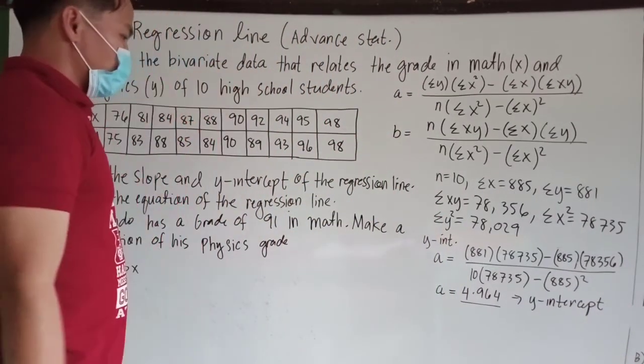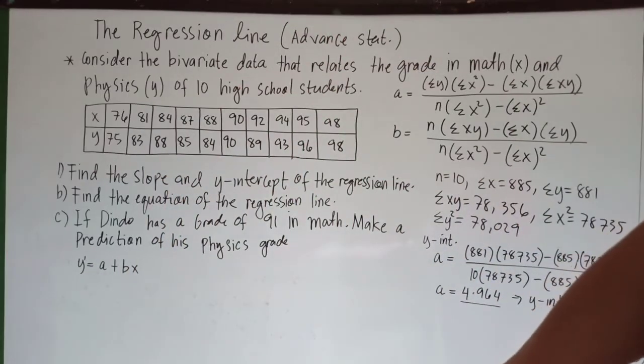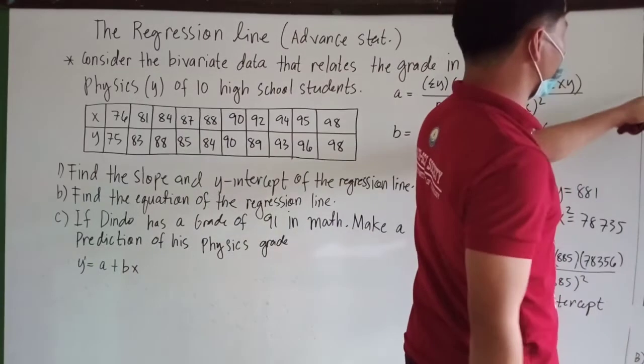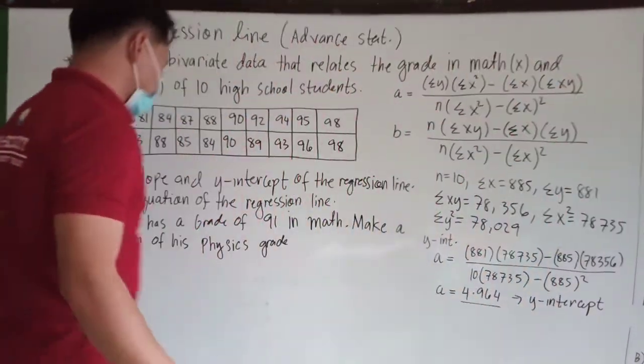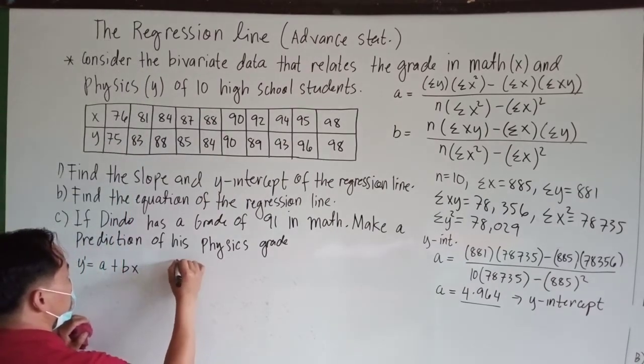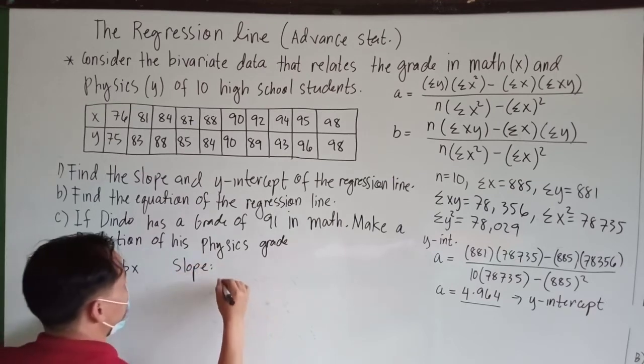4.964. Okay, what about our slope? For the slope, we can now use the formula for b.